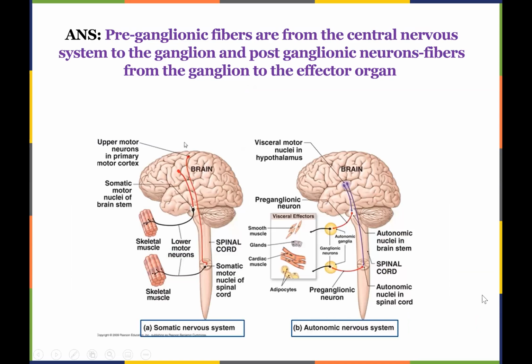Right away, you can see the main differences between how the nerves innervate in the somatic and the autonomic nervous system. When we study the somatic nervous system, if you remember, there was this hand, the finger touching the flame.